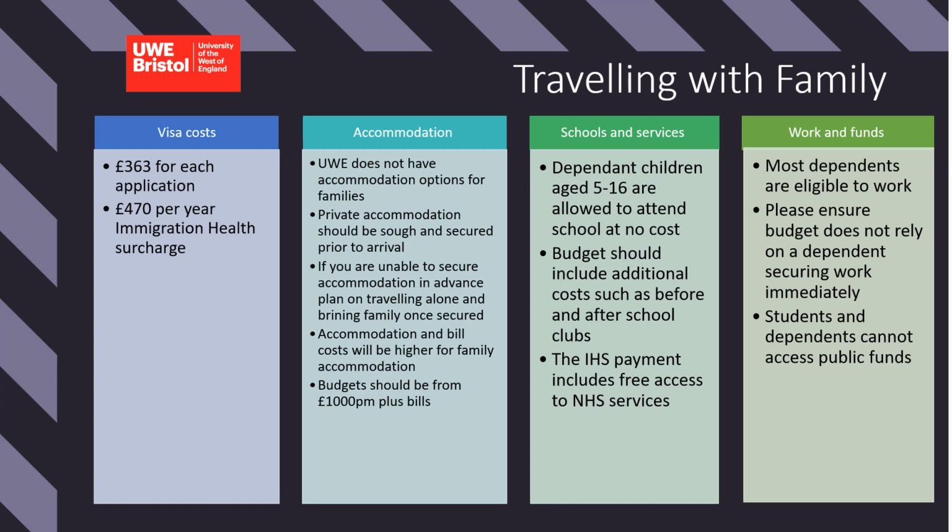The immigration health surcharge payment does include free access to the NHS services, but does not include costs for prescription and ongoing medical health care needs. Work and funds. Most dependents are eligible to work, but please ensure that budget does not rely on a dependent securing work immediately. And it's worth noting that students and dependents cannot access public funds.